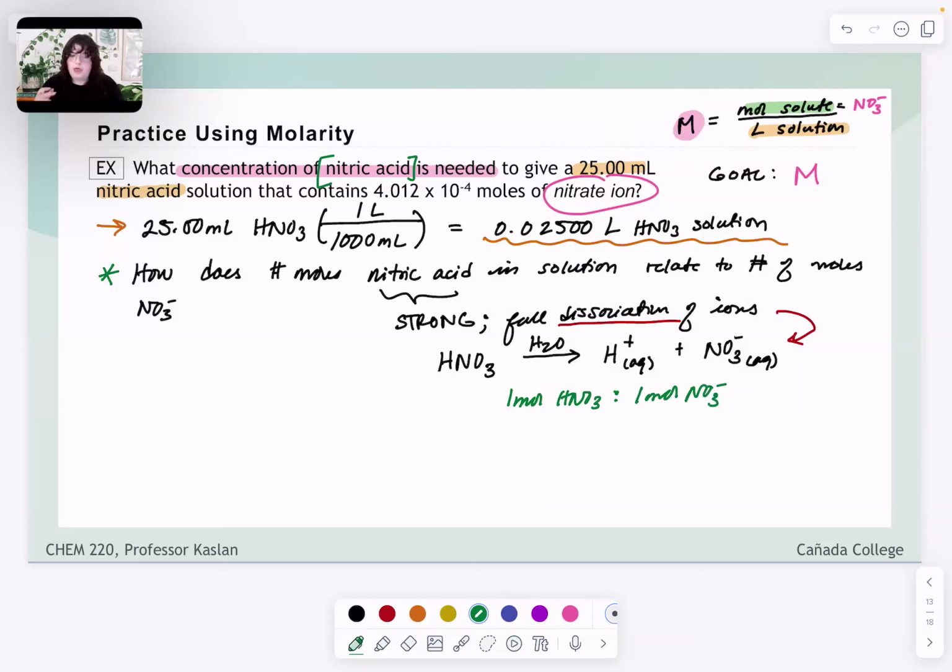Because for every nitric acid molecule that we dissolve, each one is going to split up to put H plus and NO3 minus into the beaker. So how can we use this to get moles of nitrate?